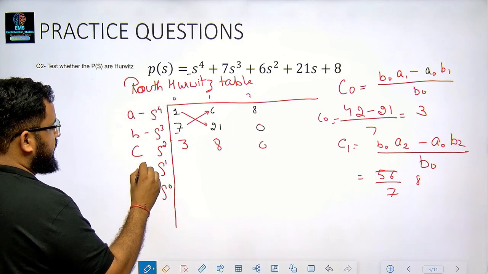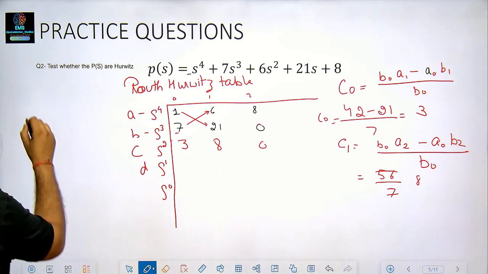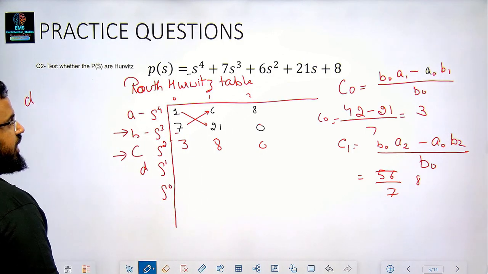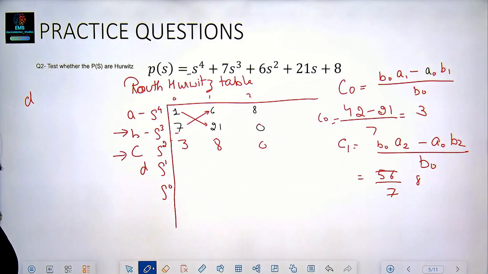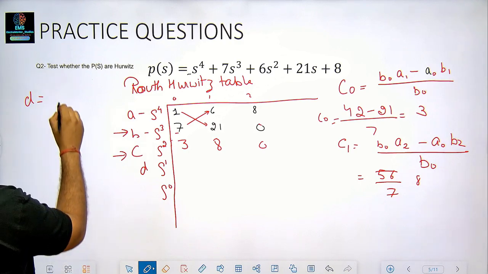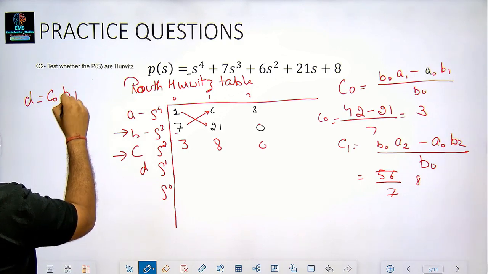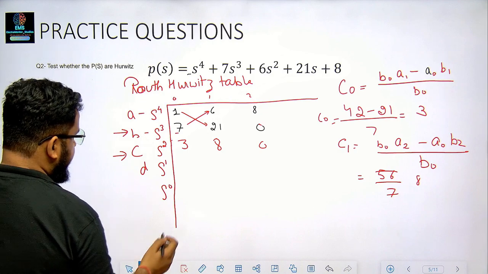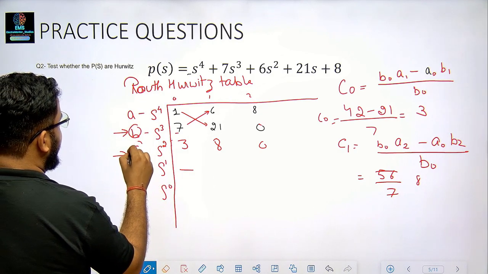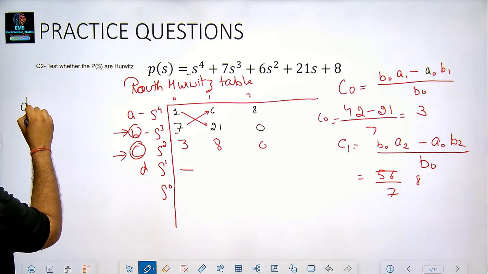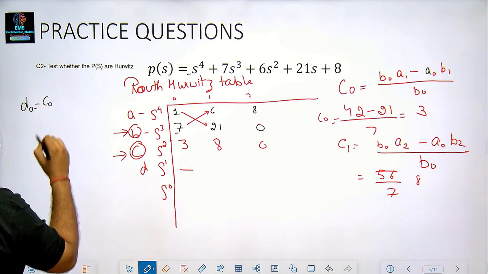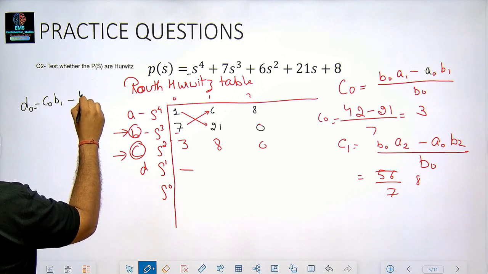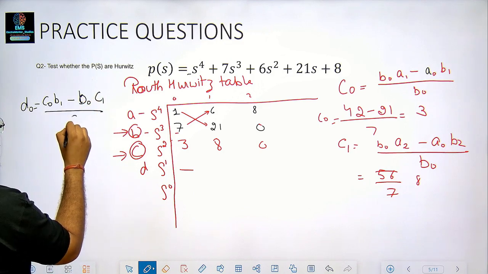Okay, so now moving ahead to the next term, s raised to the power 1, that is the coefficient D. We are concerned with row B and row C. So for D0, we need C0 into B1 minus B0 into C1, divided by C0.